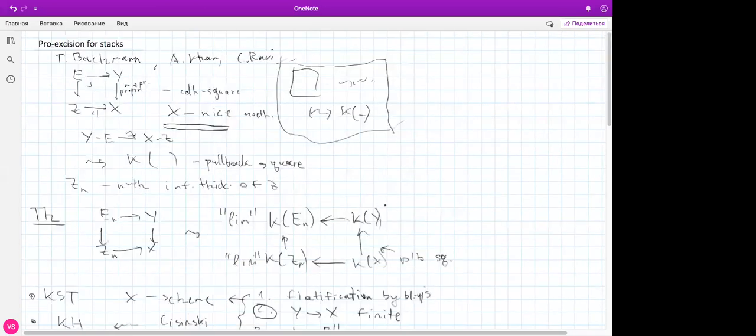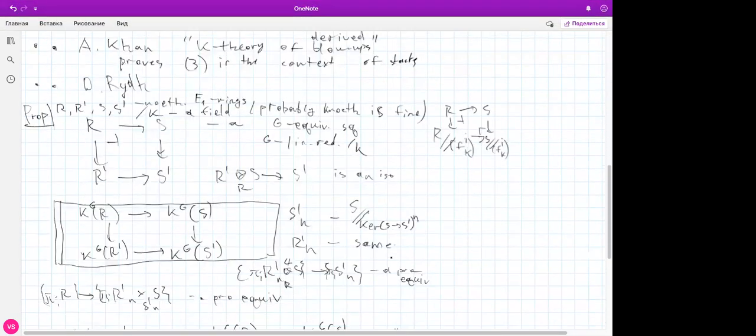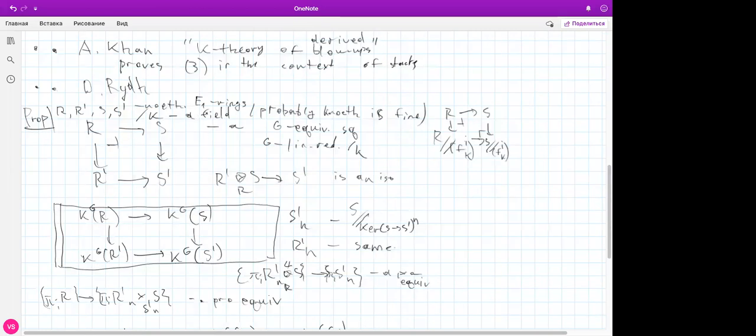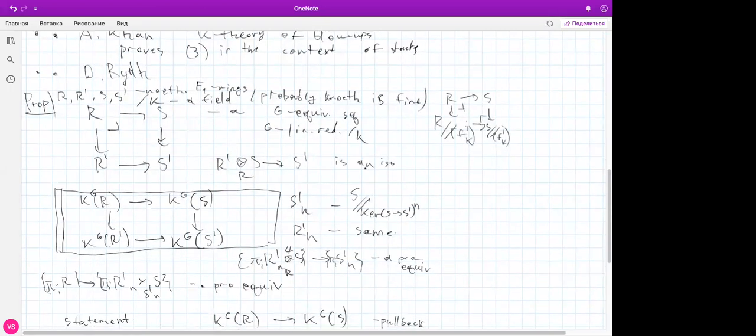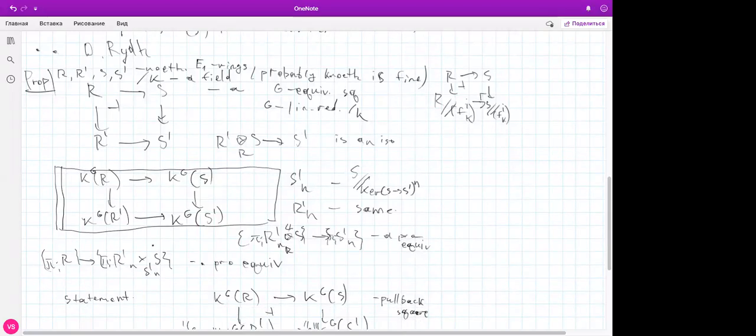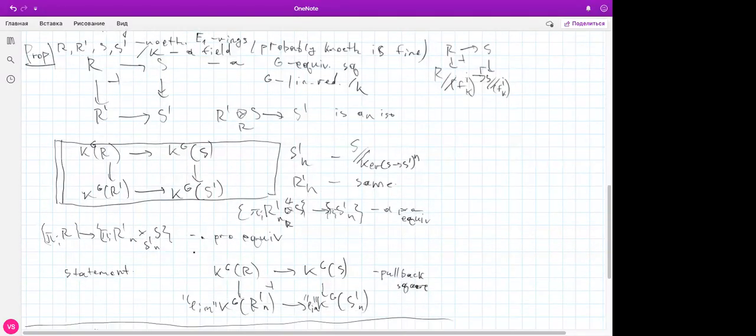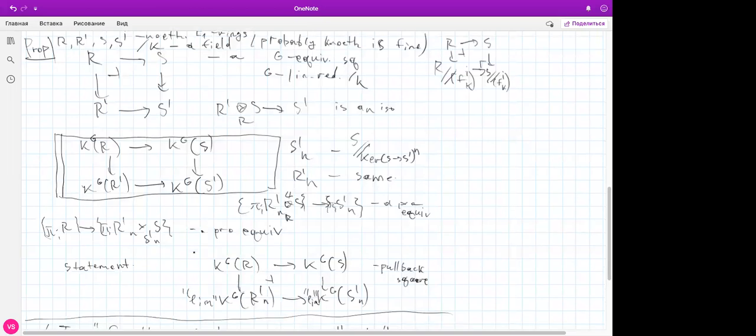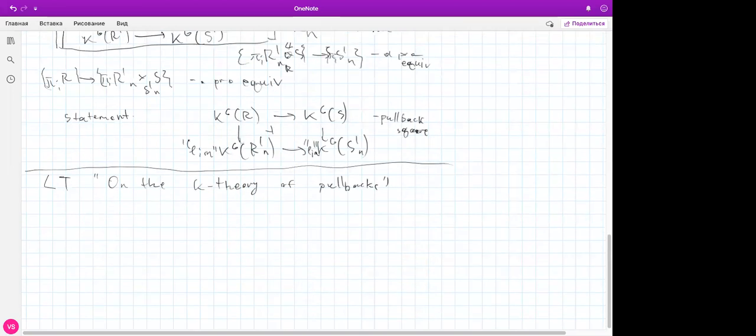And there is a very general proof. So you don't need any commutativity as in this statement. You just have E1. You just have this condition, and you can also formulate it for any pro system of rings.